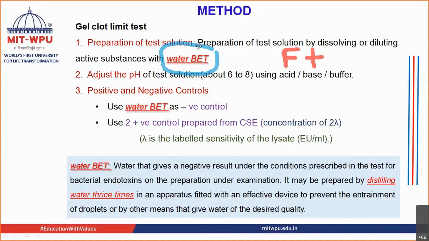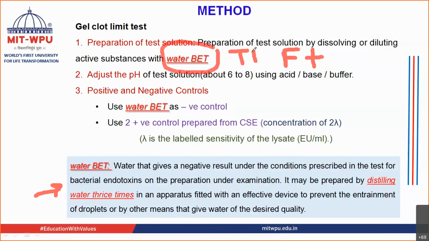Now, what is this water BET? It is given in your IP. The main thing to remember is that it is a water which is free from pyrogen, free from endotoxin. And how is it prepared? It is prepared by the triple distillation method.